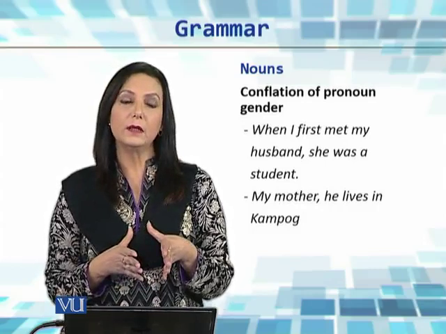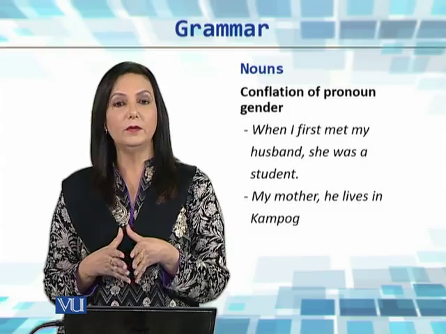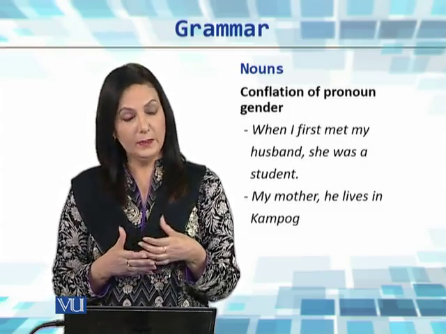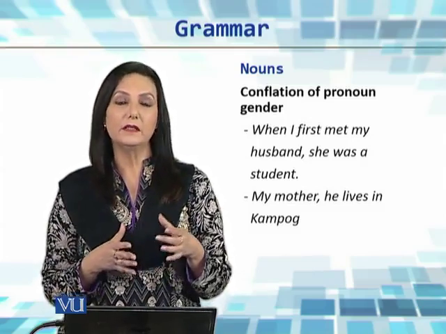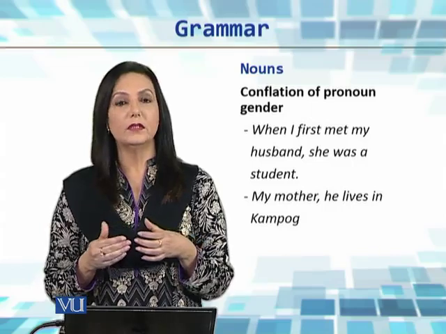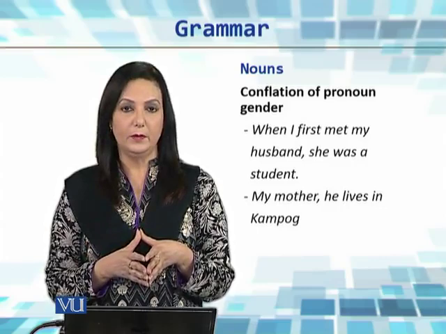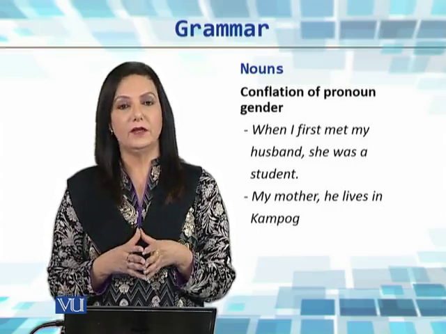And of course, with mother, we use a female pronoun. But here, the speaker of an outer circle variety, that is Malaysia, has mixed up the pronoun. So instead of using a female pronoun, he has used a male pronoun. So we see all these variations in the use of grammar in the outer circle varieties of English.